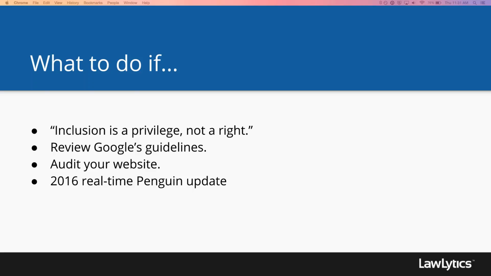And there's good reason to do a website audit if you're feeling unsure about where you stand. Google will soon be releasing an update to their Penguin algorithm, and this one is expected to work in real time. What does that mean for lawyers? So Penguin is designed to be hunting around for spammy websites, and with the real-time aspect, that means websites in violation of Google's rules may very quickly see themselves being demoted.